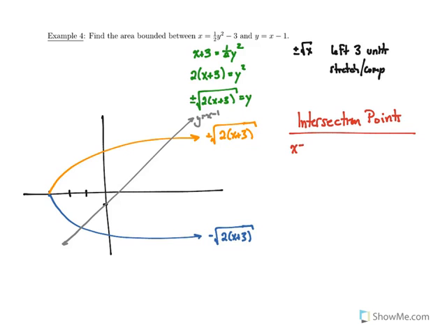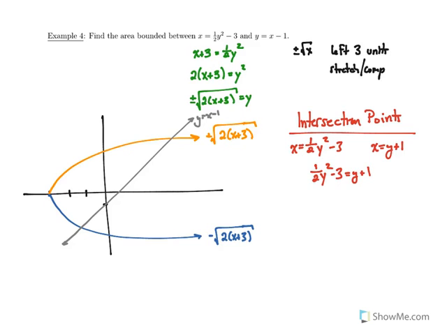So we have x equals 1/2 y squared minus 3, and we have x equals y plus 1 from that y equals x minus 1. Setting those equal to each other, we can solve.